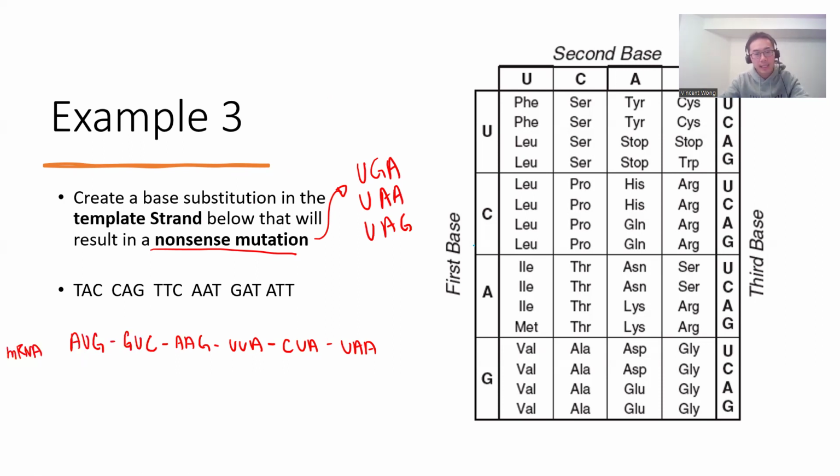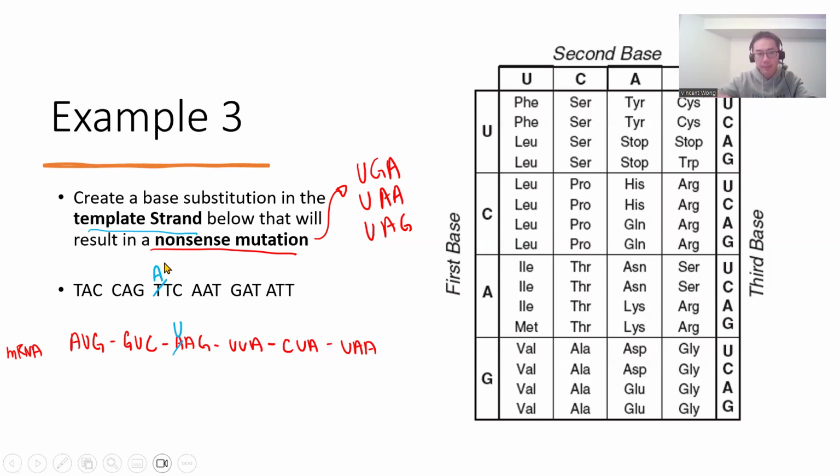Now let's try this again. Tell me where I can make the change so that I'm going to have a stop codon. The AAG? Yeah, we can change the AAG to UAG. Because this is the template strand, the U would have been paired with an A in the original, right?